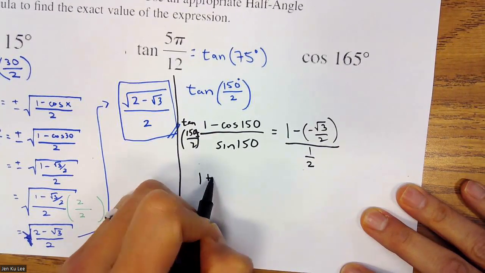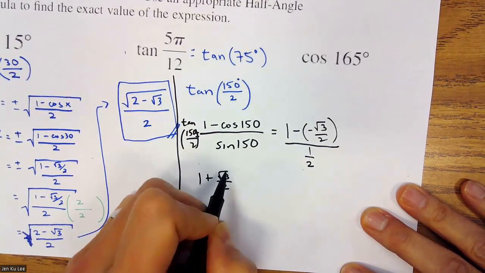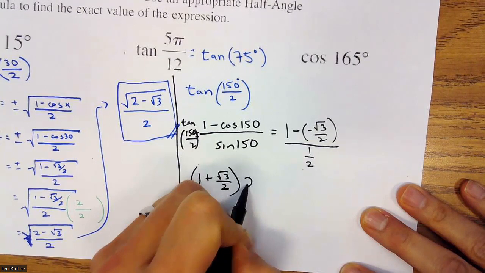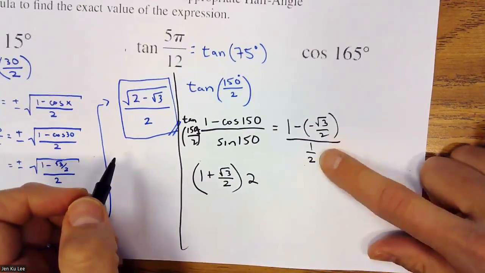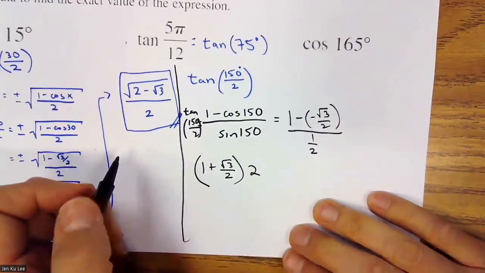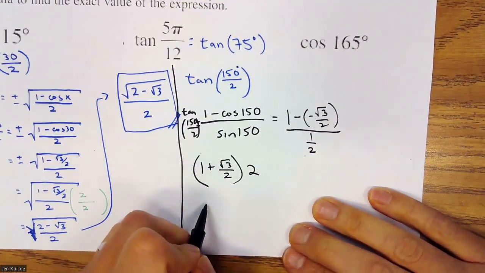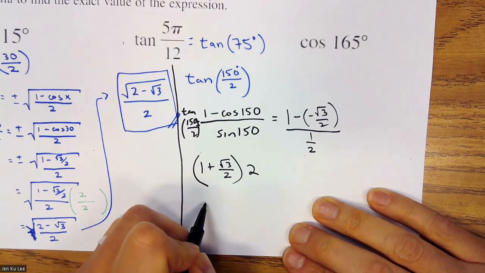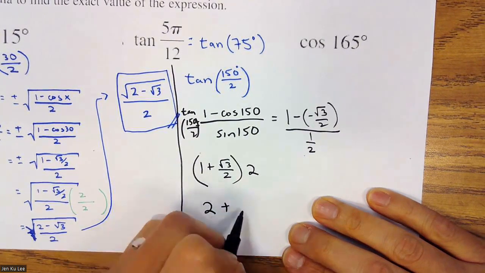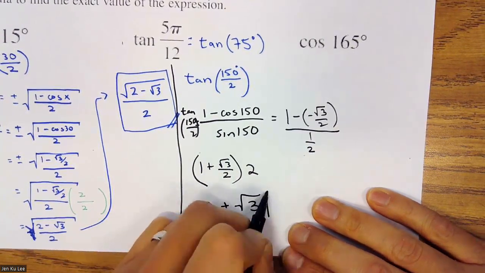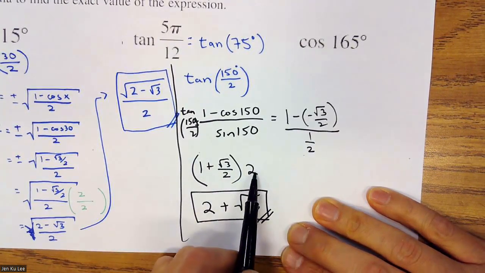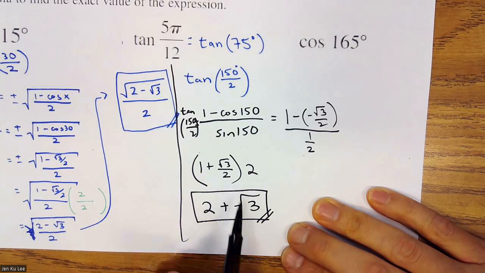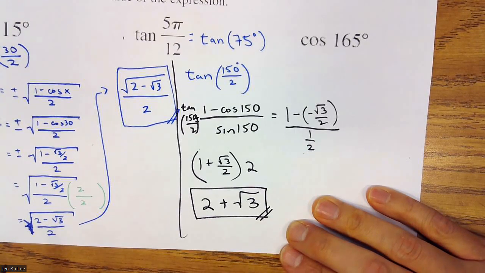So this is 1 plus square root of 3 over 2 times 2, multiplying by the reciprocal just to clean this up. Distributing out the 2, this would be 2 plus square root of 3. 2 times 1 is 2, and 2 times square root of 3 over 2 is square root of 3. Okay?